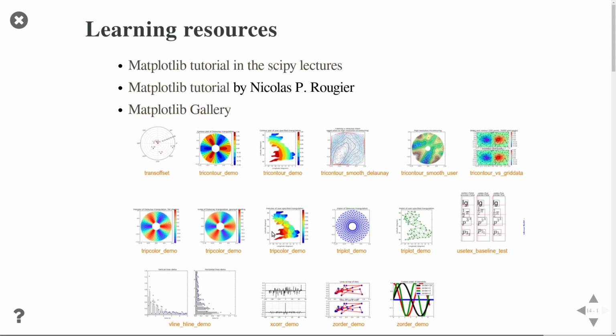For really advanced plots, I like going into the Matplotlib gallery. It's a web page with loads and loads of examples of fancy plots. You can click on an example and get the code that was used to create that plot. That's a really good starting point: you find something that more or less fits your purpose, and then use it as a starting point for your own code.